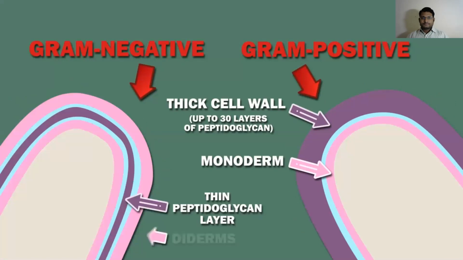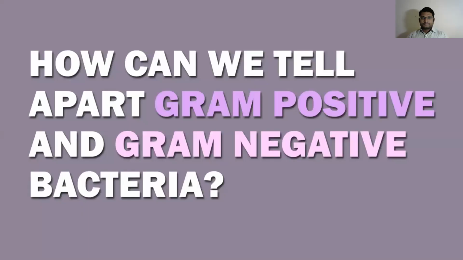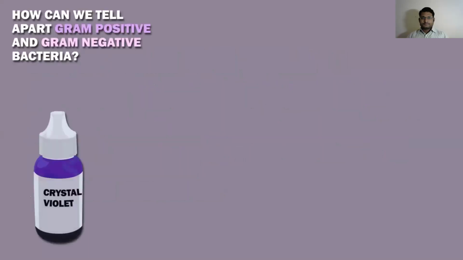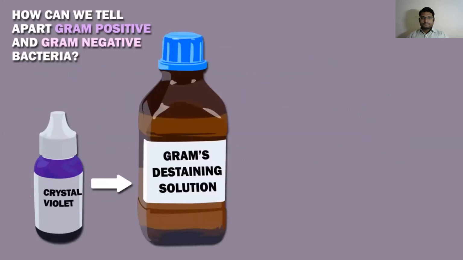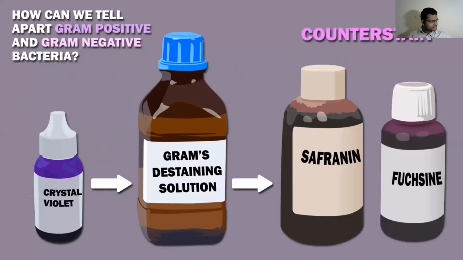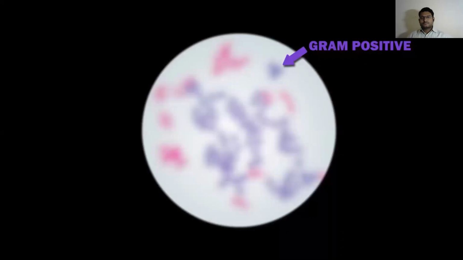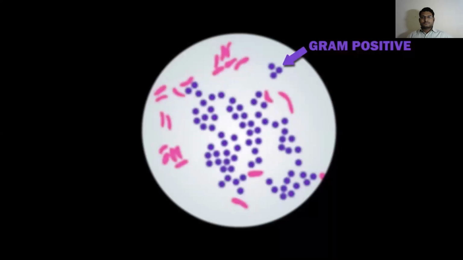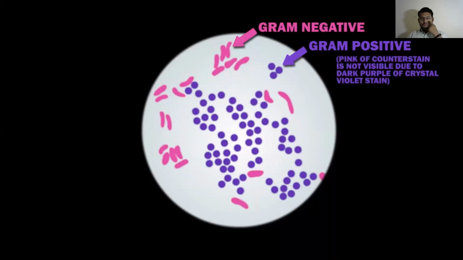We can differentiate between gram-positive and gram-negative bacteria by dyeing them with crystal violet and then washing them with a decolorizing solution. Then a counterstain is added, for example, safranin or fuchsine. Gram-positive bacteria will retain the crystal violet dye and remain purple, while the gram-negative bacteria will be stained pink. Note that gram-positive bacteria also pick up the pink color of the counterstain.